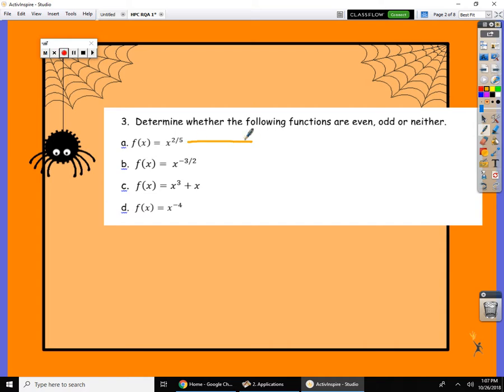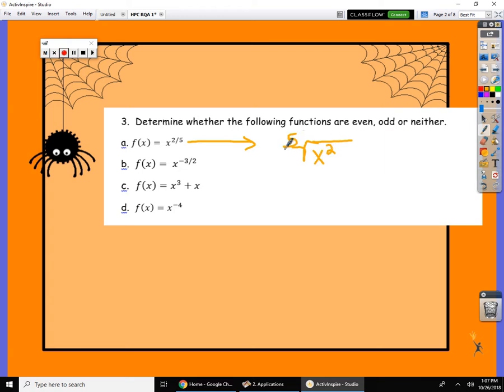So this one here, I'm going to rewrite it. So it is the square root of x to the 5th, yes? Wrong. Thank you. It's power over root. Thank you for those of you paying attention.